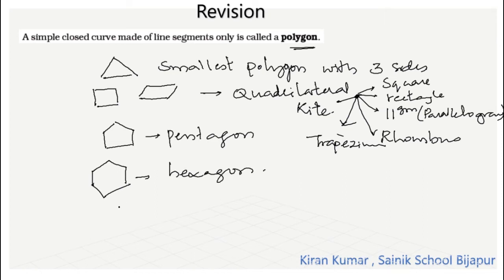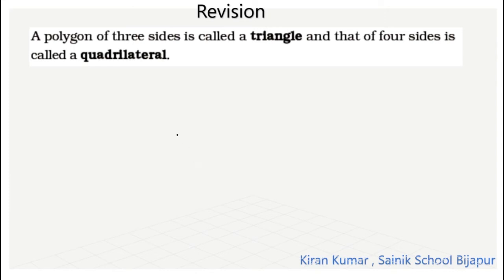If it has 7 sides, it is called a heptagon. 8 sides is called an octagon, 9 sides a nonagon, and 10 sides a decagon. A polygon of 3 sides is called a triangle, and that of 4 sides is called a quadrilateral.